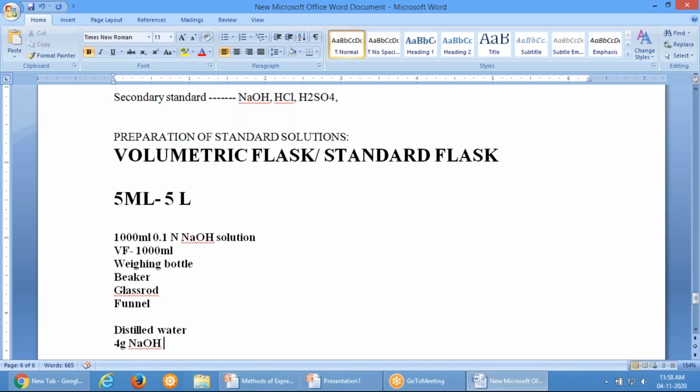Using a glass rod, stir well. After dissolving sodium hydroxide in the beaker, using a funnel, transfer to the 1000 ml volumetric flask. Again, rinse the beaker with distilled water and transfer to the volumetric flask.